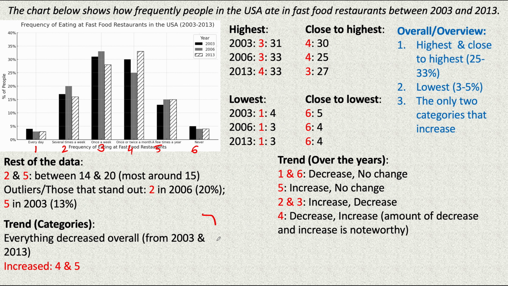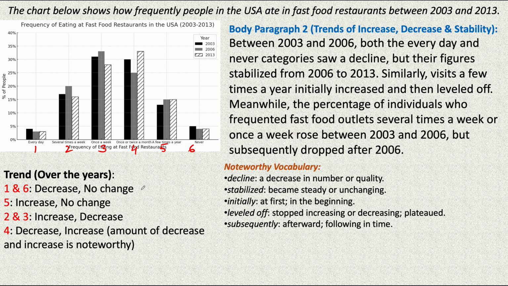Next, we write about the trends in our body paragraphs. First, we write about the first and the sixth category, that is every day and never. Between 2003 and 2006, both the everyday and never categories saw a decline, but their figures stabilized from 2006 to 2013.